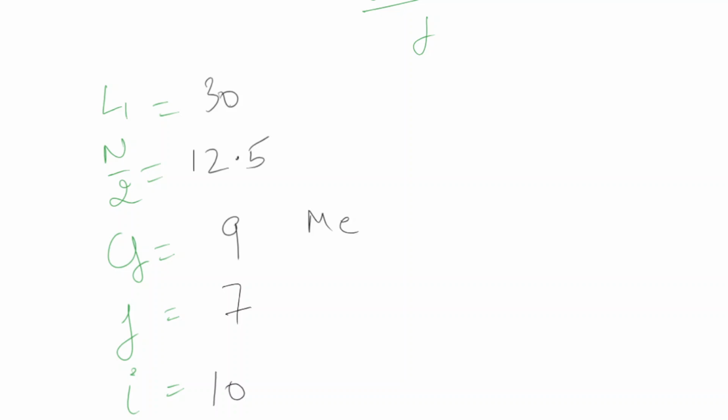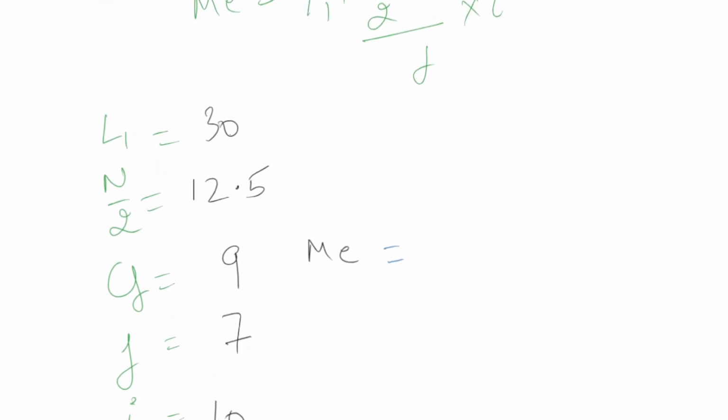So finding the median and plugging into the formula, it stands like L1, which is 30, plus n by 2, that is 12.5, minus CF which is 9, divided by frequency 7, into i, that is 10.